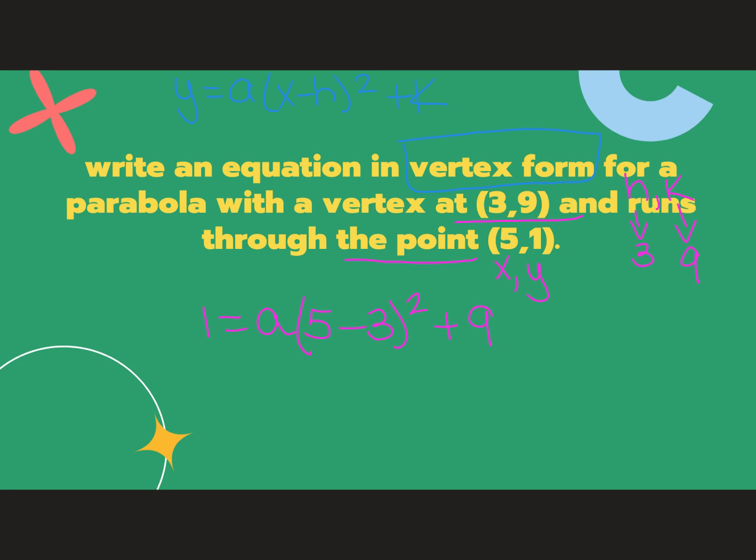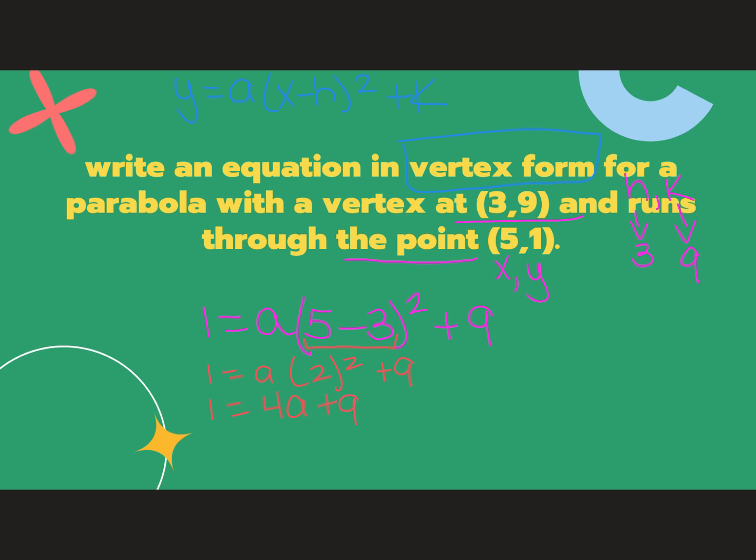And then from here, I can just simply start to solve my equation. The first thing, I'm going to take care of what is in my parentheses. So I have 1 equals a times 2 squared plus 9. Then I'm left with 1 equals, we know that 2 squared is 4, so I have 4a plus 9.